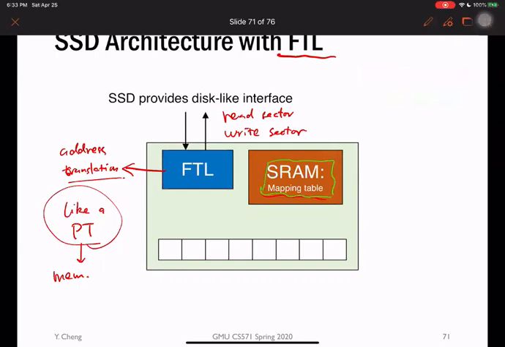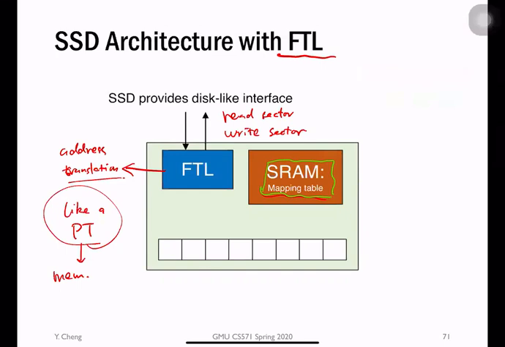SRAM is a small piece of extremely fast memory, which can be used to store data structures or runtime state. In this case, the mapping table indexing data structure gets stored within SRAM, which is part of the hardware that belongs to this flash.